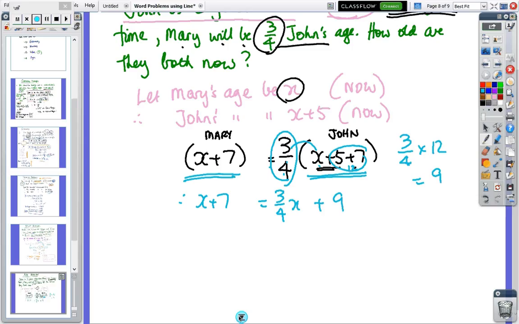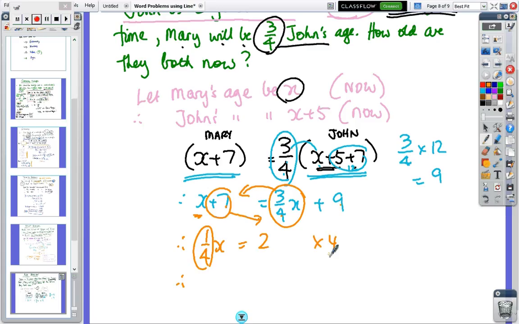Now, got x's on both sides, so take the x's one way, and then the numbers have to go the opposite way. So when you have x and you subtract 3/4 of an x, you get 1/4 of an x, and 7 subtracted from 9 equals 2. And then to get rid of the quarter, you multiply both sides by 4, and so x equals 8.